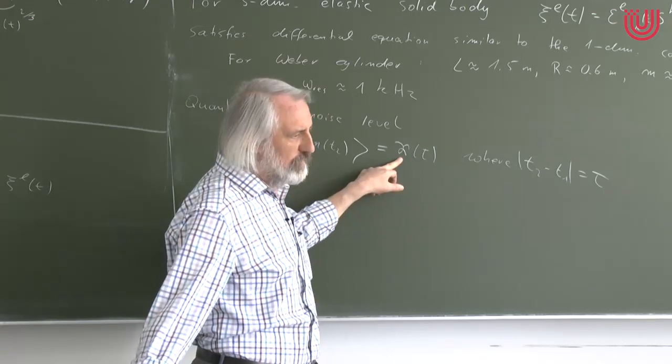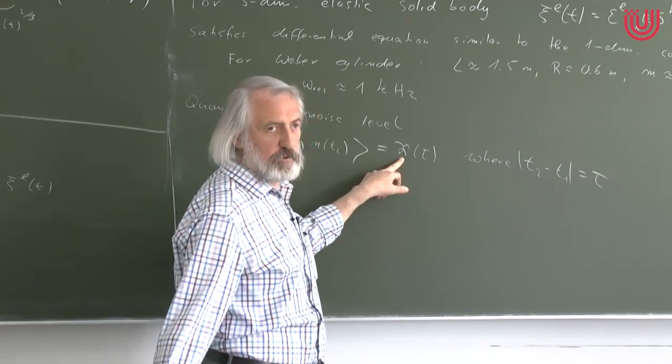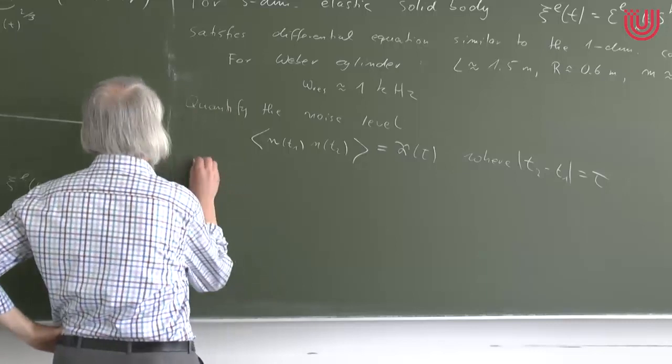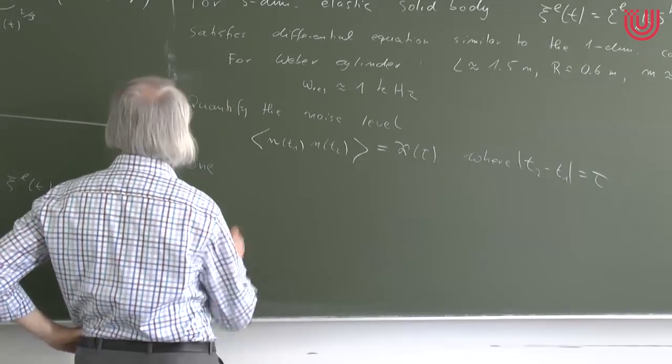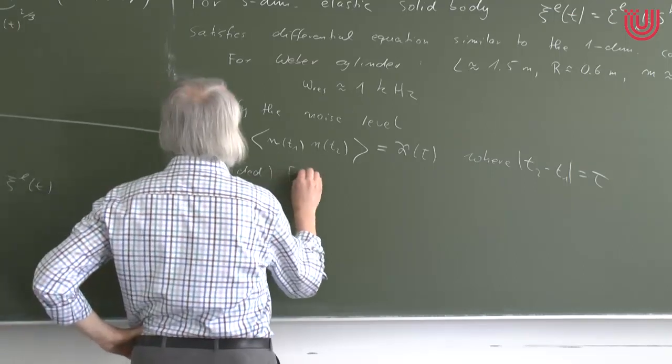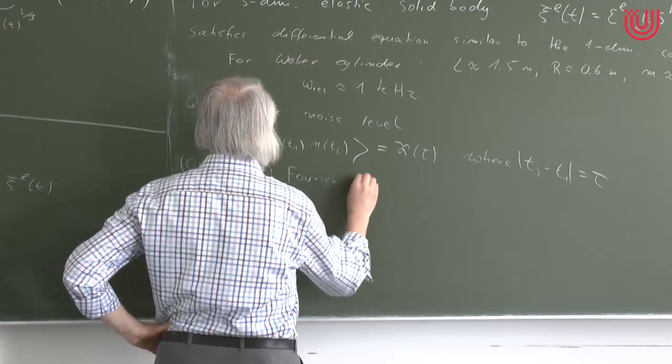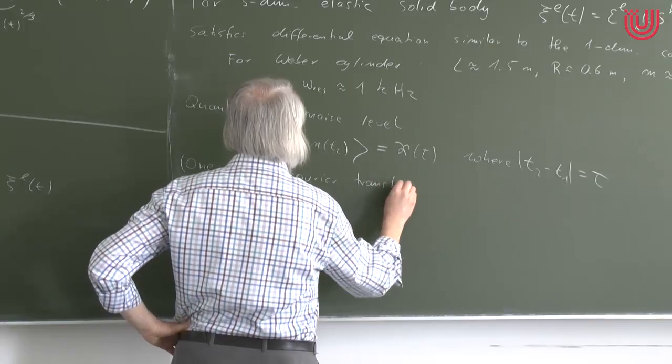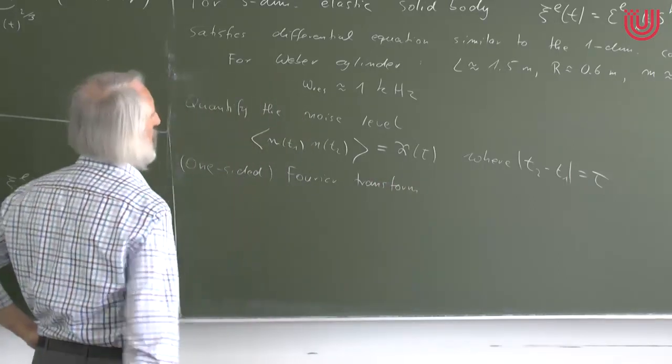What do you do if you want to know a dependence on the frequency? You do a Fourier expansion. In this case, because we have only positive frequencies, you do what is sometimes called the one-sided Fourier transform. One-sided means we take only positive frequencies.